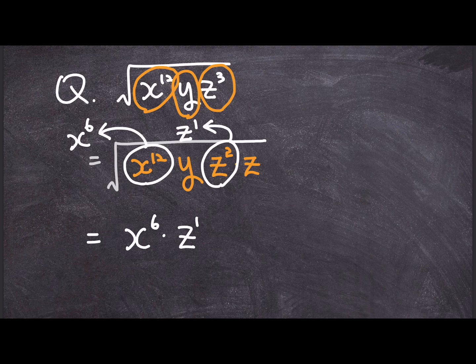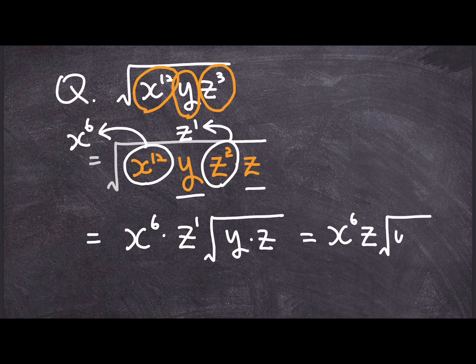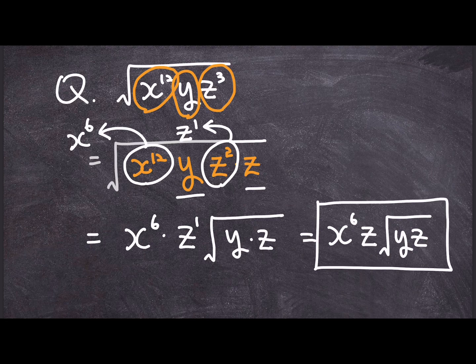Those are the expressions that safely escaped the square root sign, and I'm going to draw the radical sign and write out all the expressions or variables that have to stay in the radical sign. So those are y and z. Okay, so my final answer will be x to the power of 6, z, square root of yz. That will be our most simplified form and our final answer.